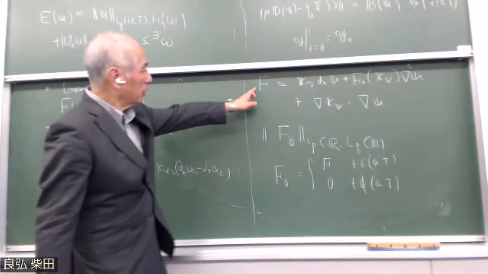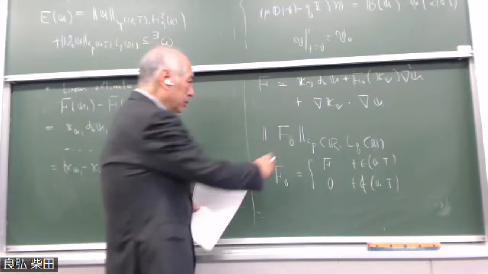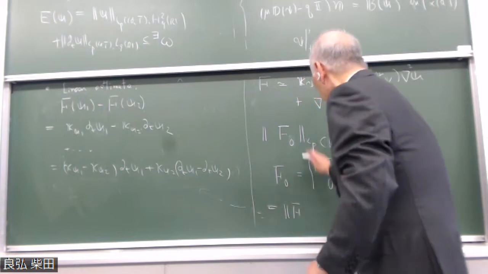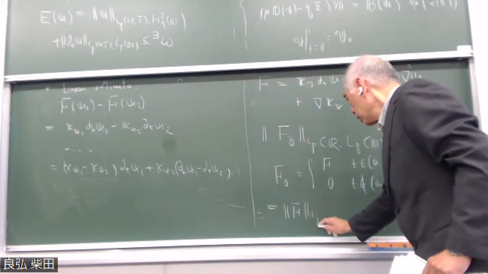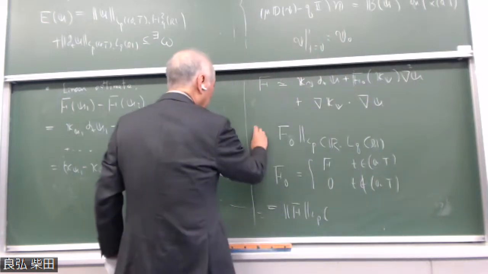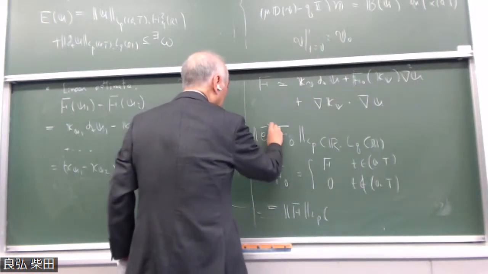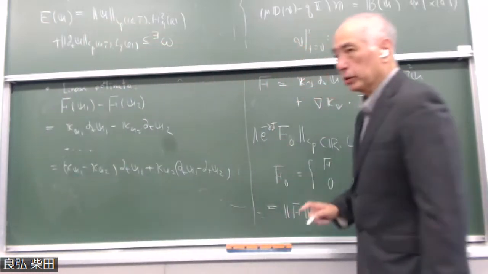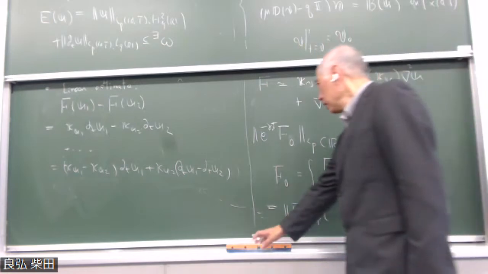So F_0 is of course from this. Sorry, we need e to the minus gamma t, some weight here. Excuse me.